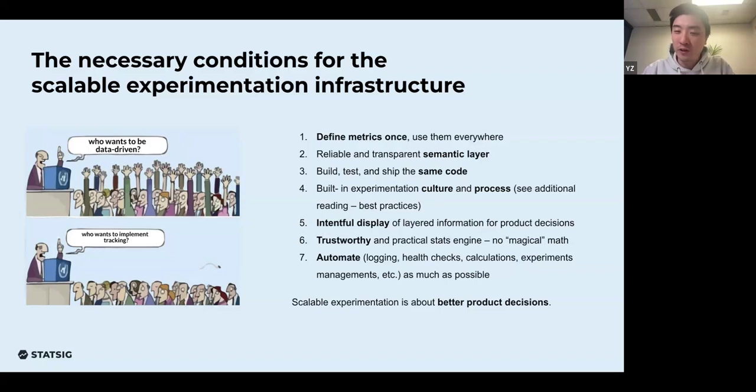So you don't want to vomit all the information at the decision maker. You want an intentional display of what is important, what are the things you need to track and guardrail.